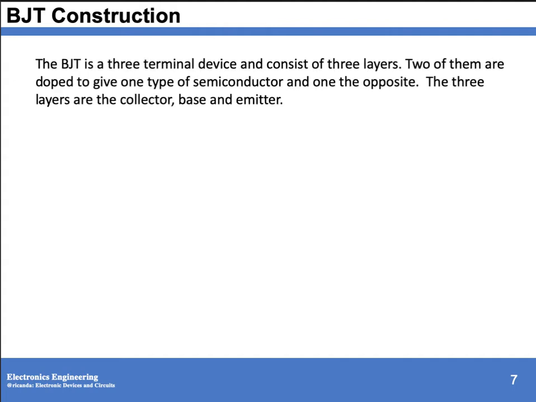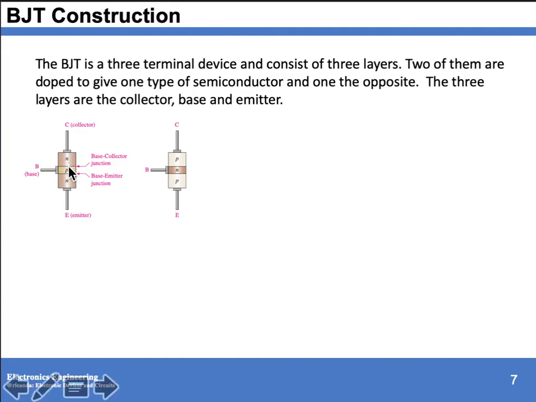This bipolar junction transistor is a three-terminal device and consists of three layers. Two of them are doped to one type of semiconductor and one the opposite. The three layers are called the collector, base, and emitter. We have an NPN.